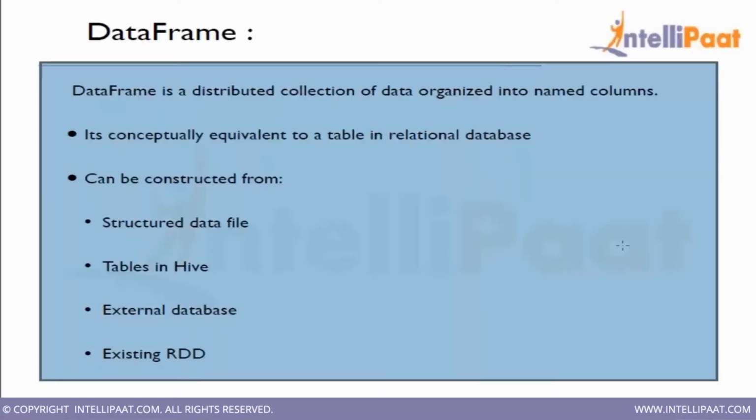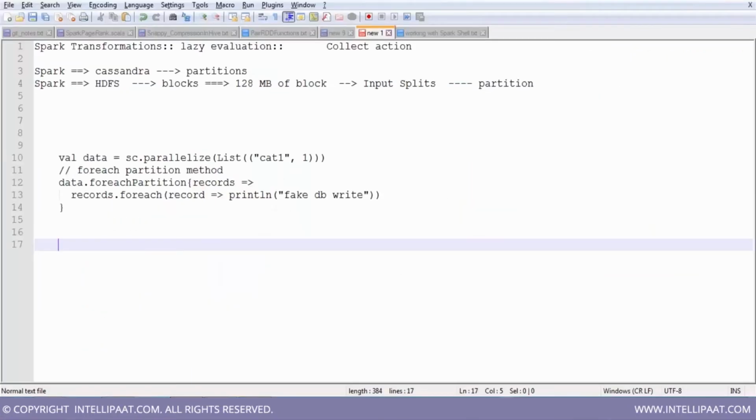What it does, suppose we have data like this: ID, comma, name, comma, country. We have got a few rows like this and want to create a data frame. This data frame will have the named columns. If this particular data set has a header also, the named column will have a header also.